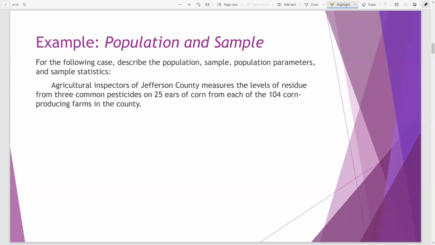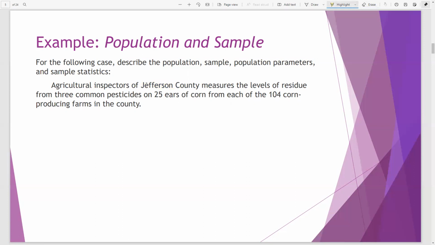They want to measure the residue in the county. Let me erase that part, that's a mess here.